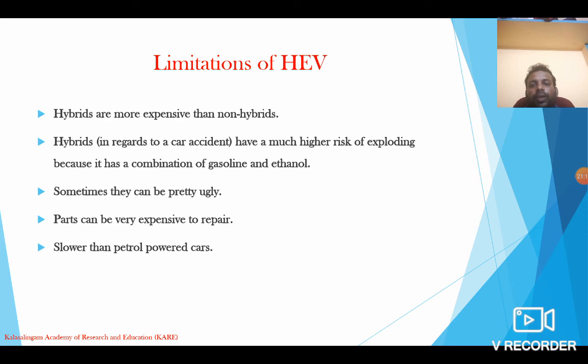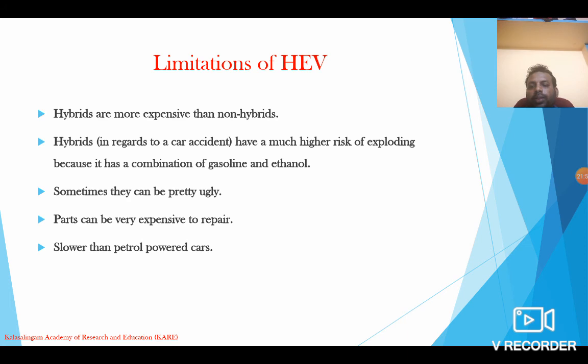At the same time, it has some drawbacks also. It has a high initial cost, and it may possibly explode. It has some explosive components like the battery, generator and other electronic components. If there is an accident, it may be possible to have an explosion.